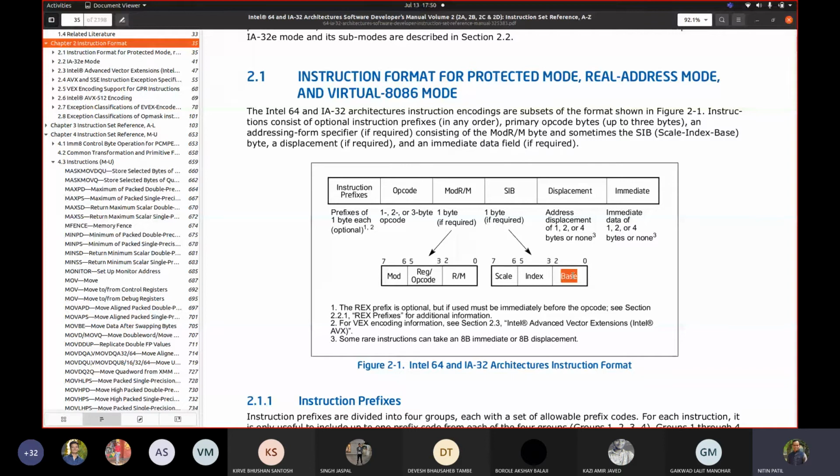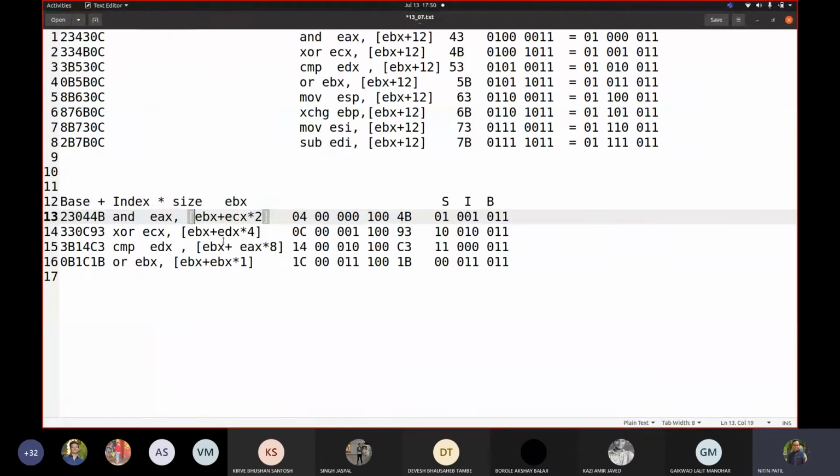Whatever your base register is, when it is written inside a square bracket, the one before the plus, which is not having any multiplicative factor, would be treated as base. You may write it the other way around. If you write ECX multiplied by 2 plus EBX, the base would be EBX only. Correct. So the base register number would be written here.